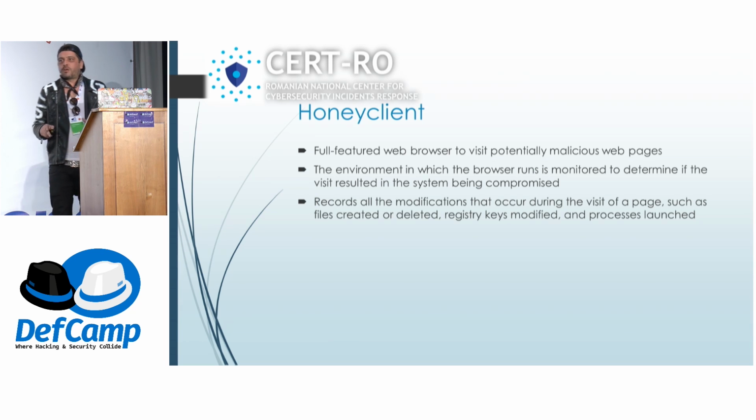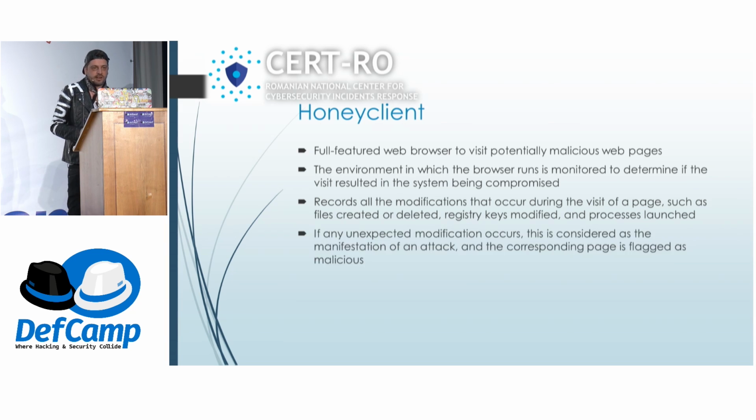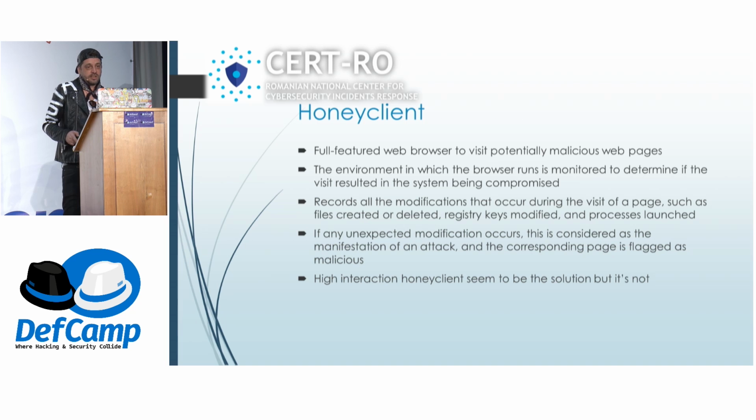Basically, it records all the modifications that occur during the visit of a page, such as files created or deleted, registry keys, newly created processes, etc. If any unexpected modification occurs, this is considered a manifestation of an attack, and the corresponding page is flagged as malicious. A high-interaction Honeyclient seems to be the solution, but it's not.